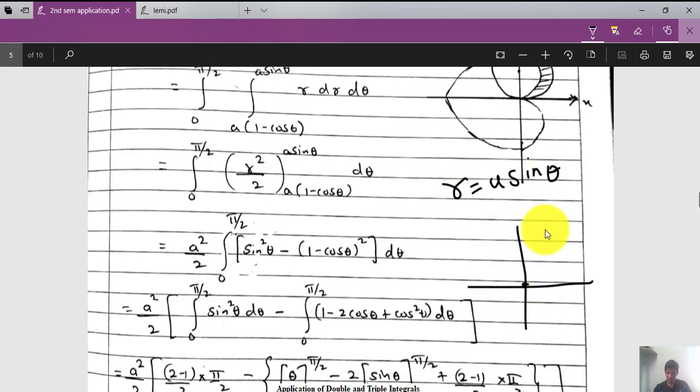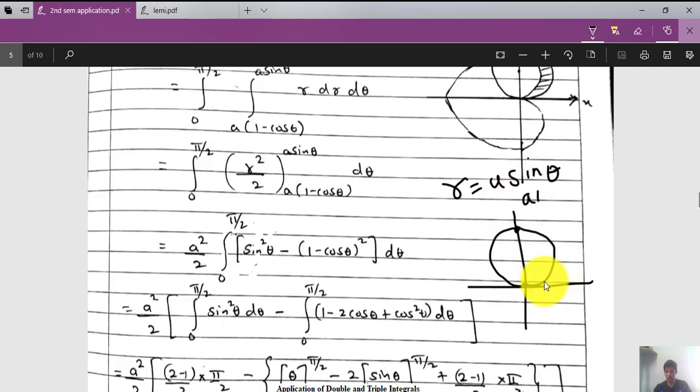Then sine of pi by 2, which is 90 degrees, is 1, but here r is equal to a, so at a distance a here it is. So obviously, for any other values of theta, it is a circle on the upper half plane.